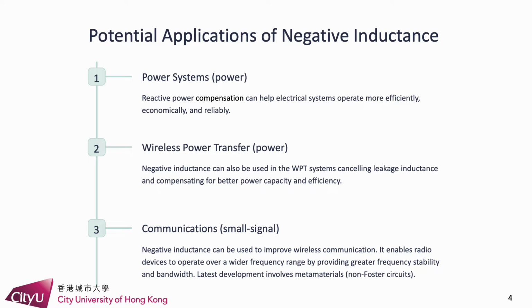Finally, communication in the small signal sense could actually benefit from the use of negative inductance. And recently we have seen very good progresses in metamaterials development that leads to implementation of high frequency small signal negative reactances. And again, these implementations are only suitable for small signal application and not for power system applications.